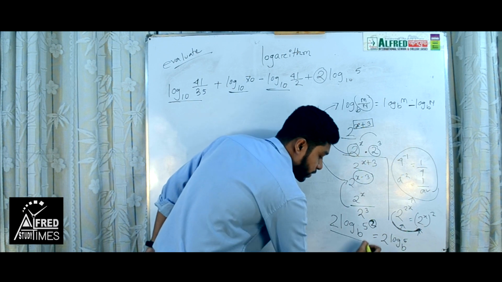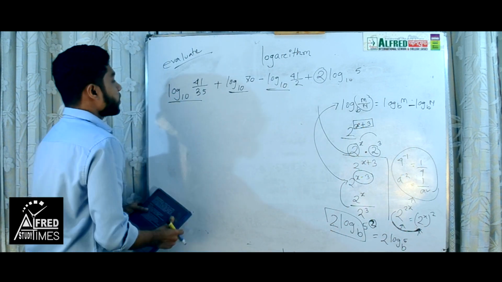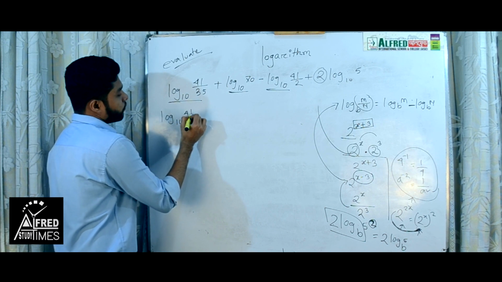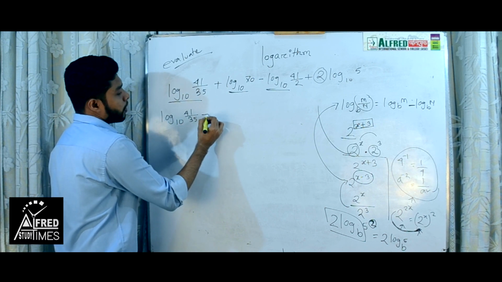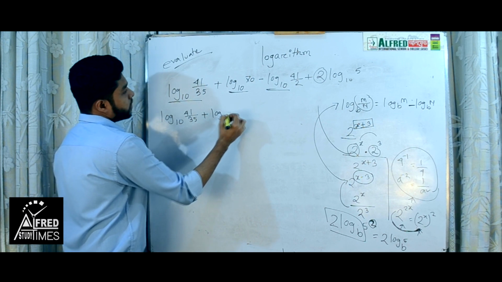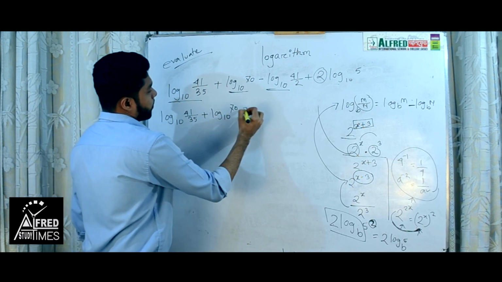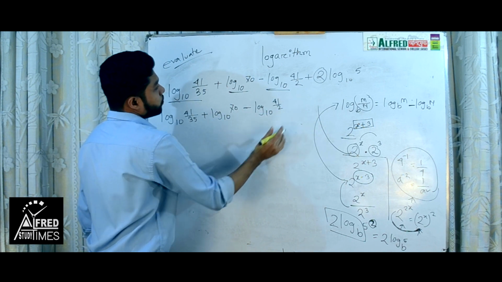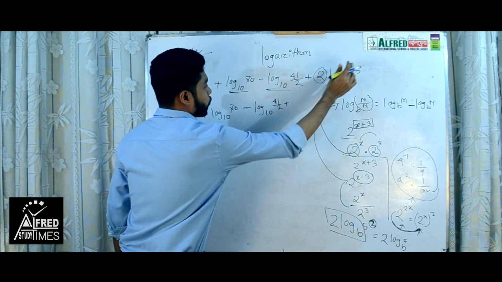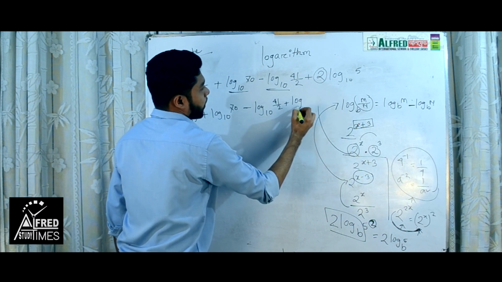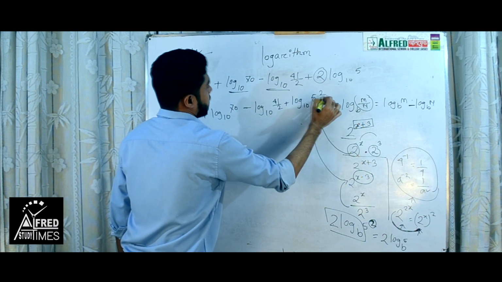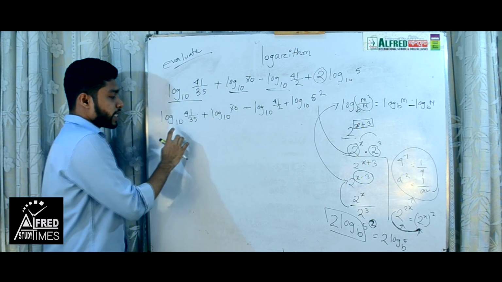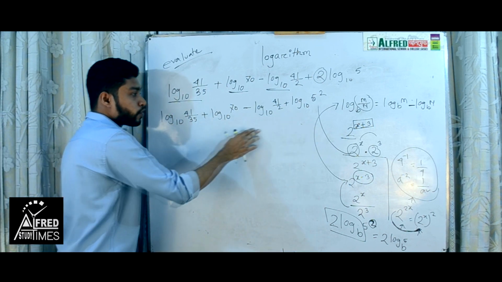Okay, because we use log, so we can write it here log 10 35 plus log 10 70 minus log 10 14 divided 2, and this will go there log 10 5 square.